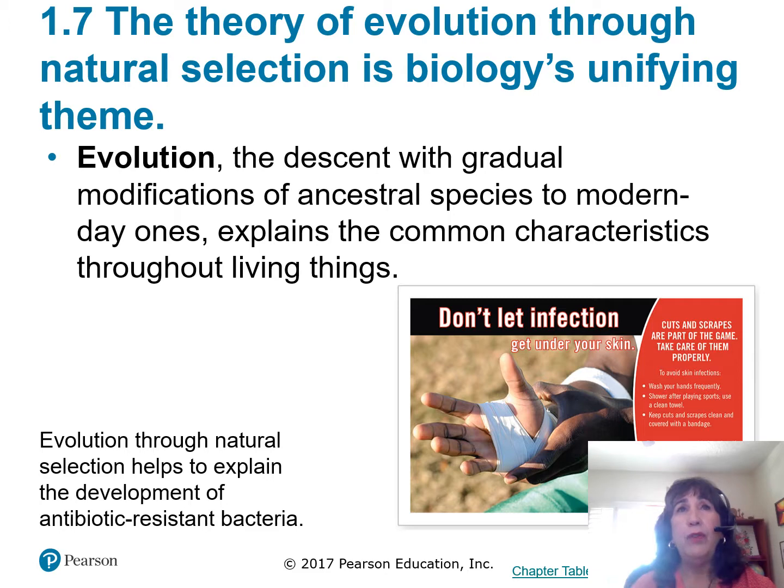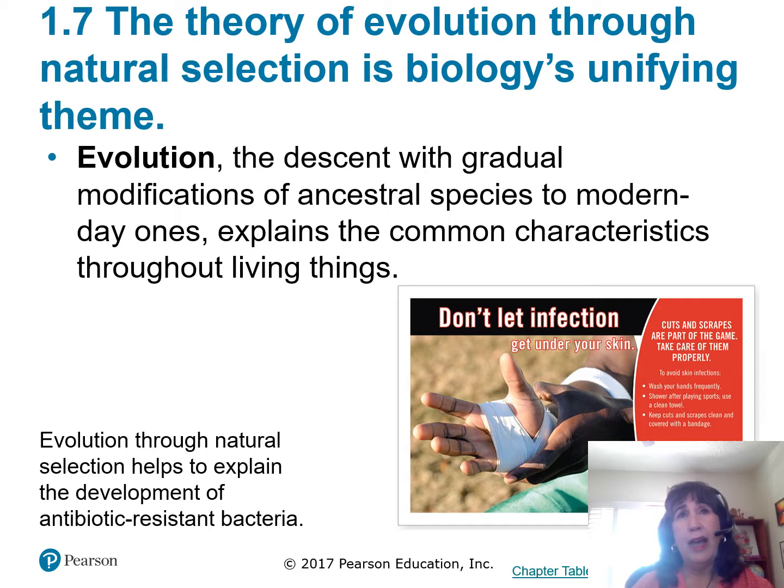The theory of evolution through natural selection is biology's unifying theme. We keep in mind that when we talk about evolution, we're talking about change over time. What kind of change are we talking about? Change of traits. When so many traits start to accumulate and change over time, eventually we get a new species, but you don't necessarily have to have a new species to have evolution occur.